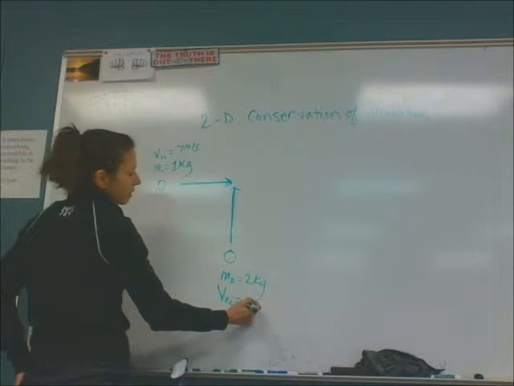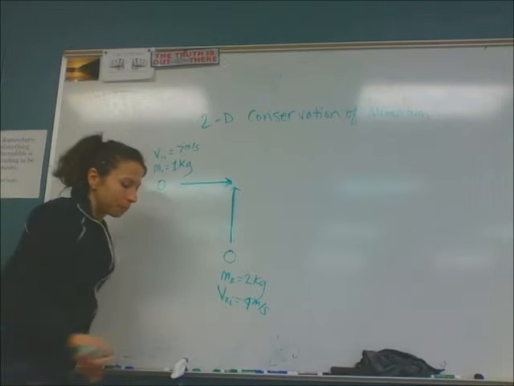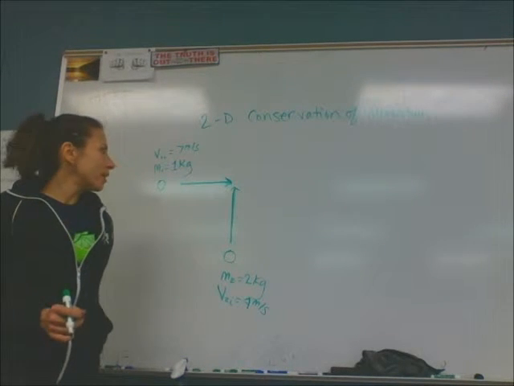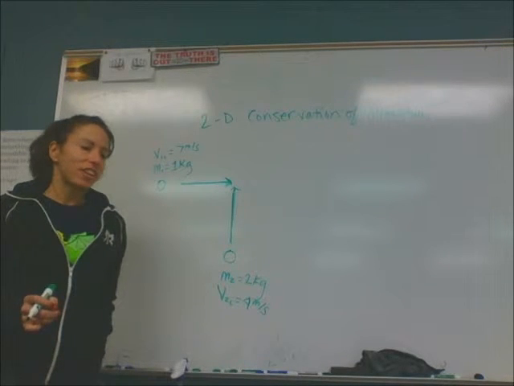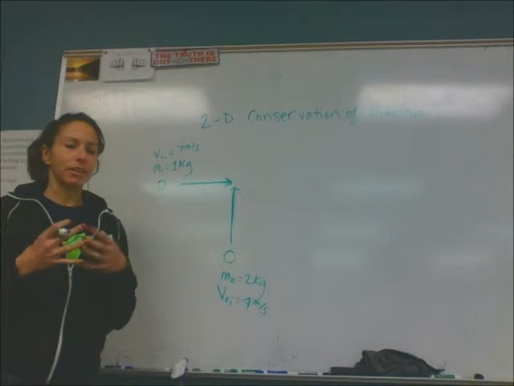My question for you is, what is the magnitude and the direction of the final velocity of those two objects after they have stuck together? I want you to describe the vector completely.